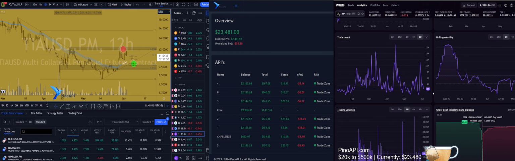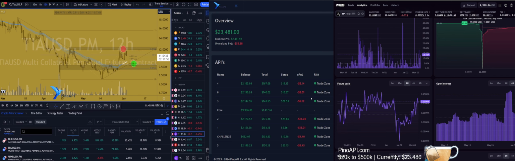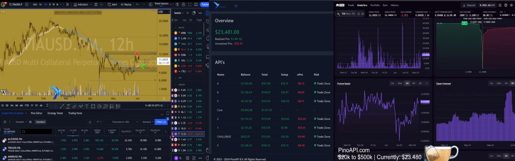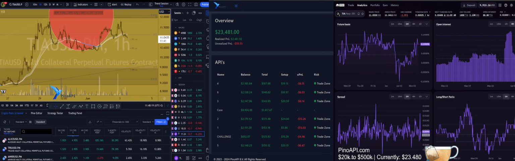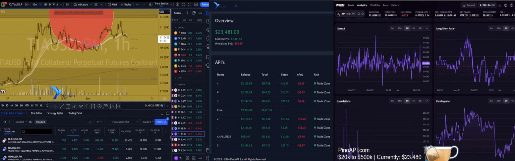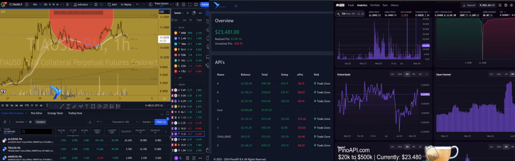It's decent. I mean, the open interest increasing is something I like to see.